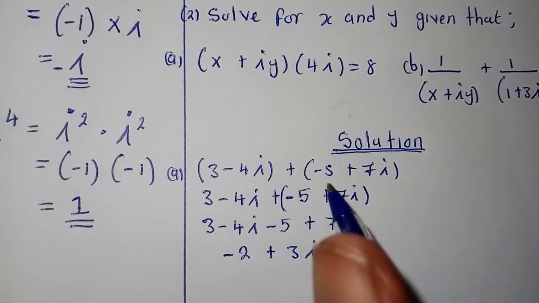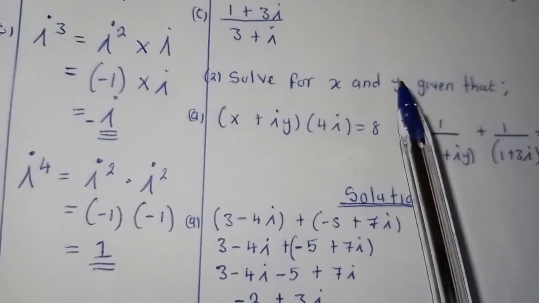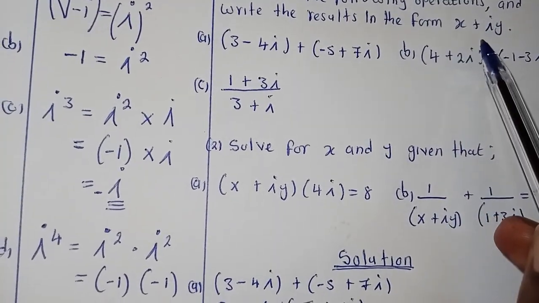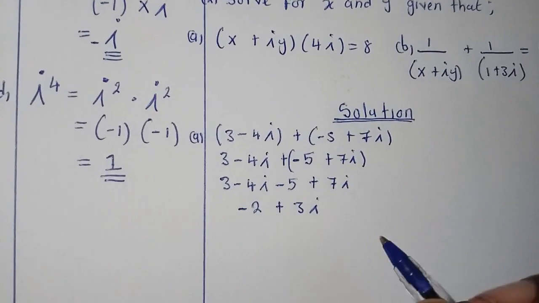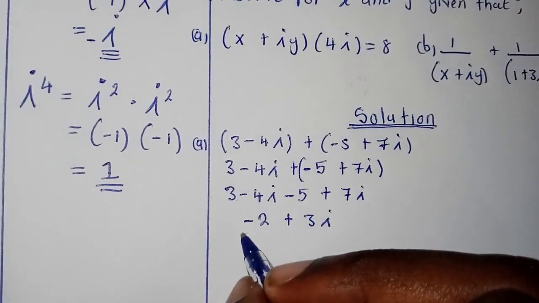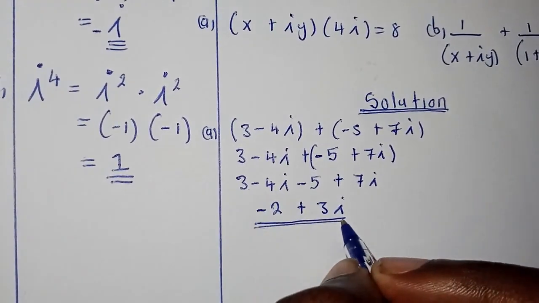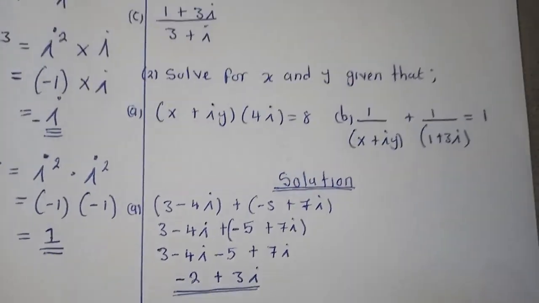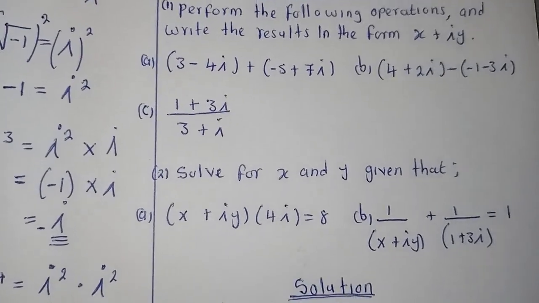So have you seen? We have written it in this form. This is the form in which we have written it. So this is just the answer for this particular question. We get to B. What is B saying? Let's see.